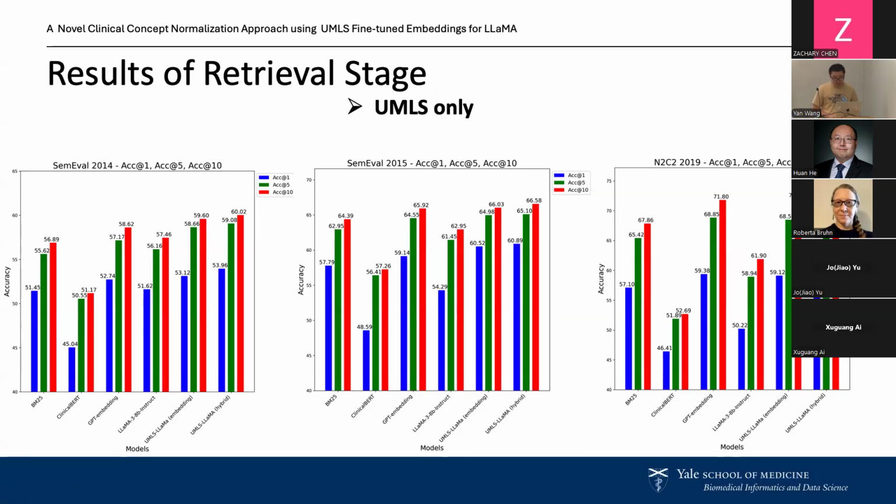The GPT embedder consistently outperforms the Llama 3 model, particularly on the SemEval 2015 and N2C2 datasets, where the GPT embedder achieves around 6% higher accuracy. Our fine-tuned UMLS-LLaMA model, because of training with the terminology data, can generate effective embeddings for query entity mentions and achieves the best retrieval performance across all data sets.